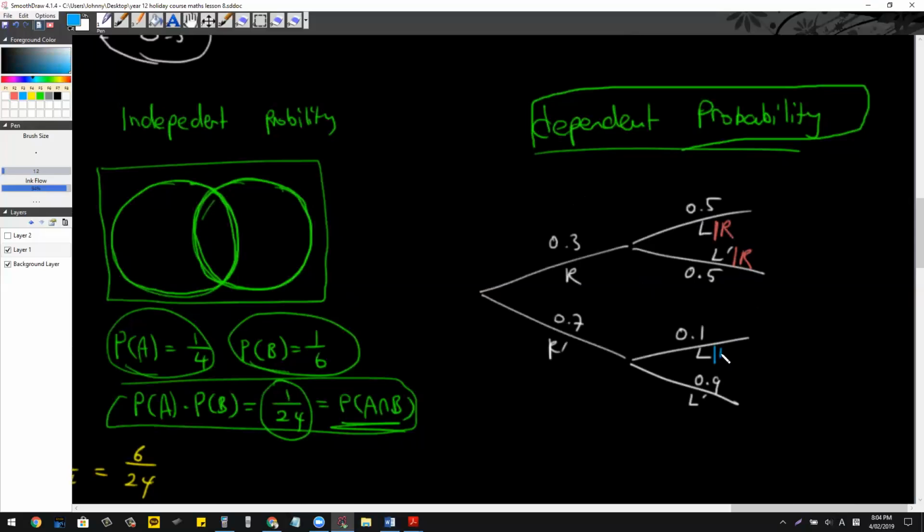Late, given it is not raining. Not late, given it is not raining. And still this rule applies. If you multiply this by this, it's going to give you this. If you multiply this by this, it's going to give you this. If you multiply this by this, you're going to get that. And if you multiply this by this, you're going to get the outside area.